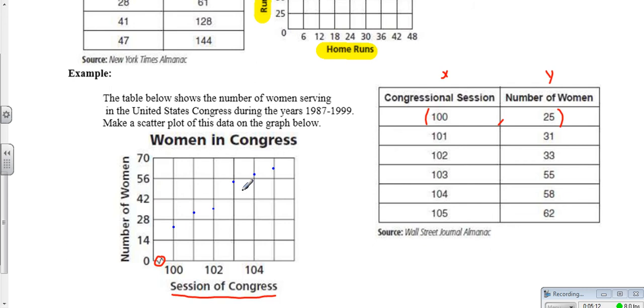Now if we look at this collection of data points, it looks like it's going in a direction. As Congress progresses through all its sessions in years, the number of women in Congress is going up.